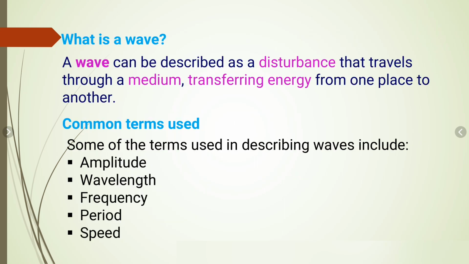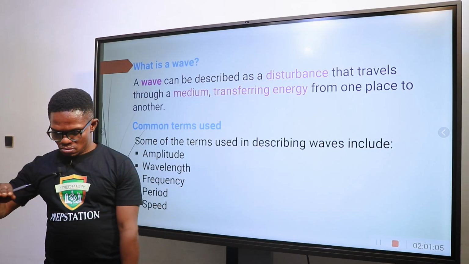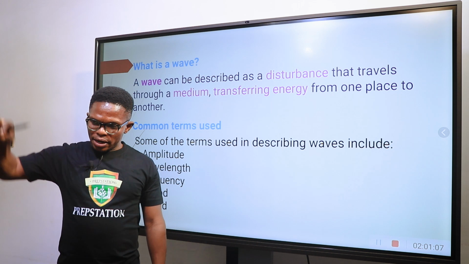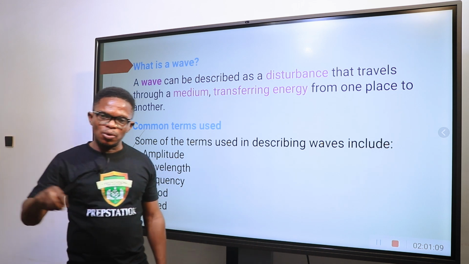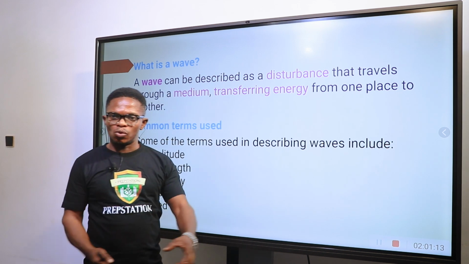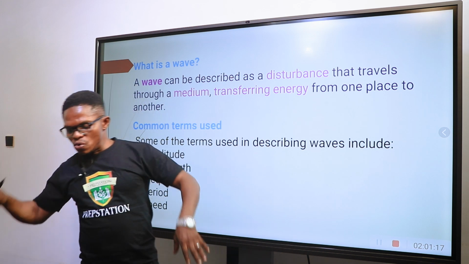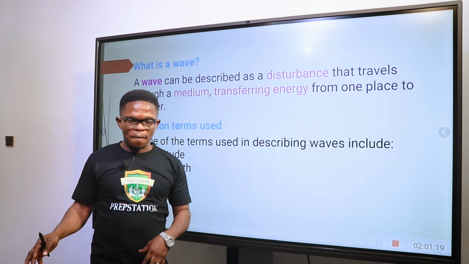First, what is a wave? A wave can be described as a disturbance which travels through a medium just for the purpose of transferring energy. For example, if you have a piece of wood in a pool of water and then drop a stone in the same pool, you will notice ripples being formed on the surface. As those ripples form, the wood on the water starts moving.